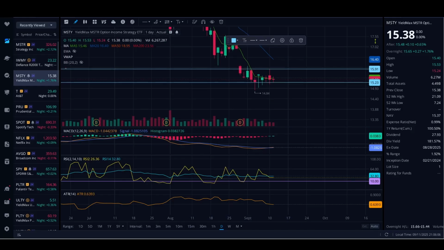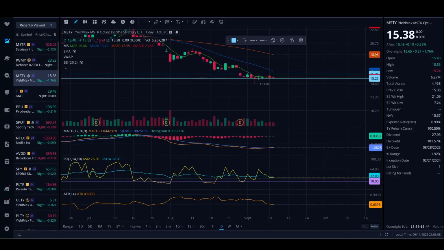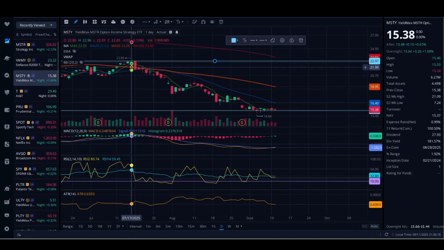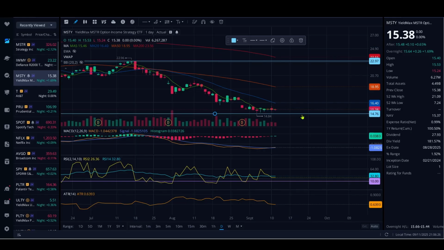So let's just do that and get a really good example. And for that, we'll actually say that we had a high back here in July of 22.96, and we've got our low right here at about this 14.84, okay? Now, I don't have them right on the money, right? They're a little bit off, but you'll get the idea.